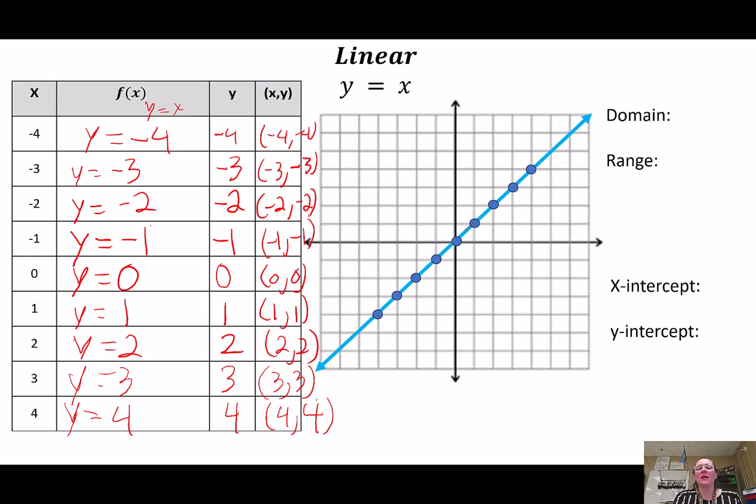If I keep looking at this line going in the left direction and keep extending that line out, it's going to keep going on forever and ever, right? So my domain is all real numbers. I'm going to have a value for any number I plug in for x.